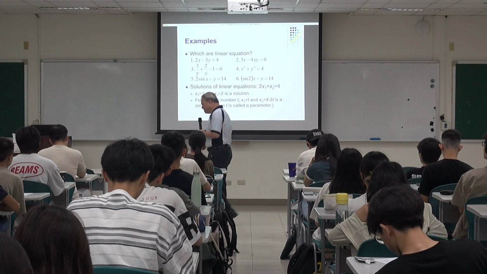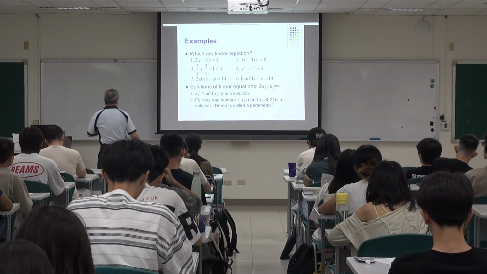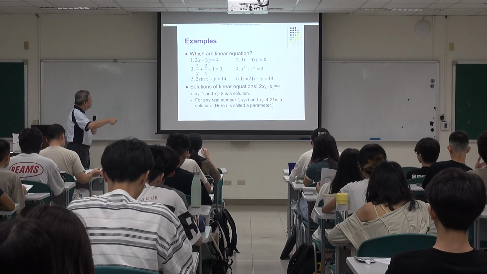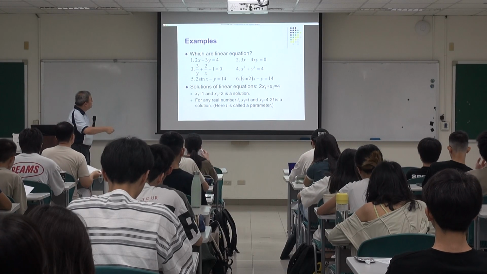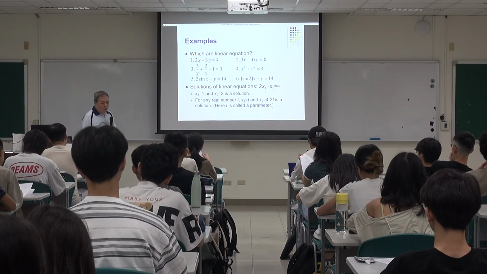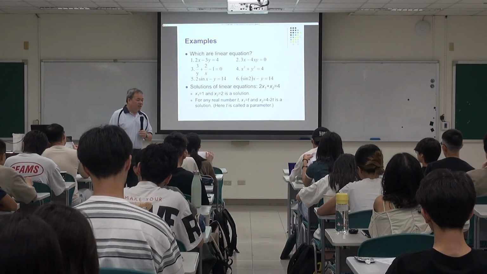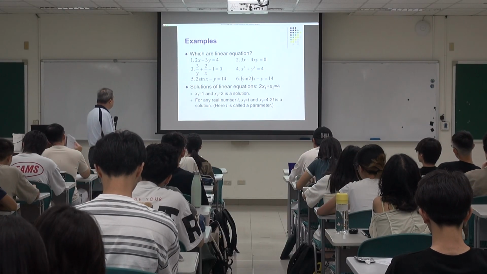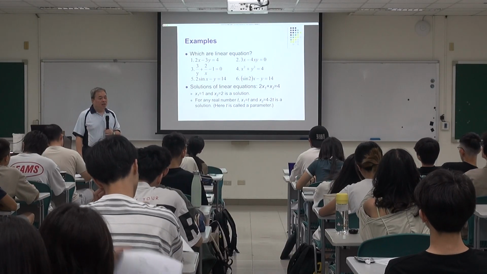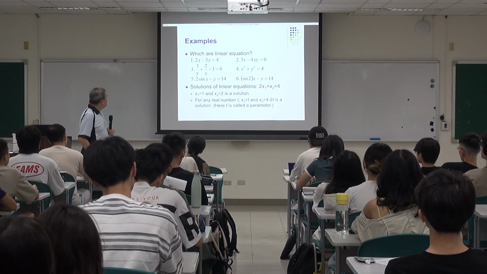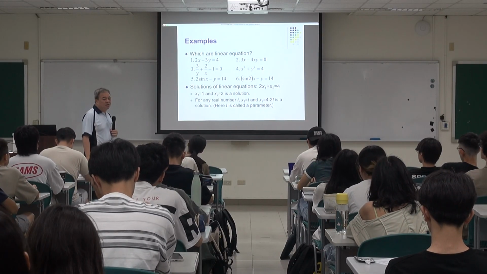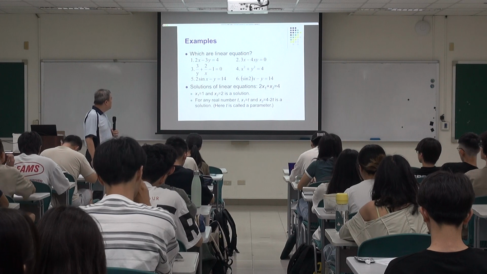So, for some examples, we have 6 equations here. Can somebody tell me which ones are linear equations? Obviously, the first one, 2x minus 3y equals 4, is a linear equation.